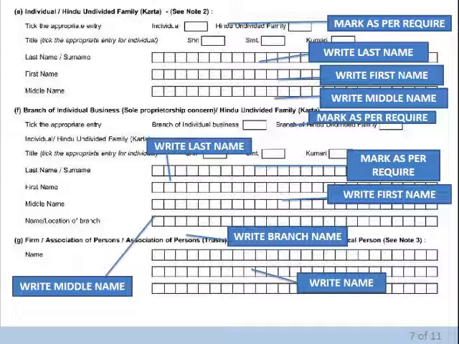If you represent a Hindu undivided family, you have to click here. Then you have to choose Shri, Srimati or Kumari, and after that you have to write your last name, first name, middle name, and after that for branch of individual businesses you have to give your last name, first name, branch name, middle name, and in this way you have to fill all the relevant fields.